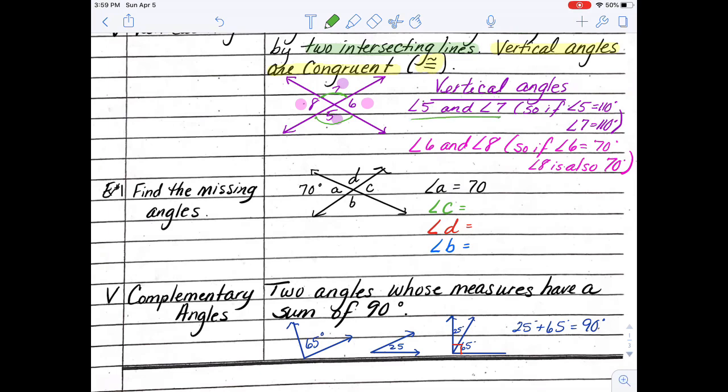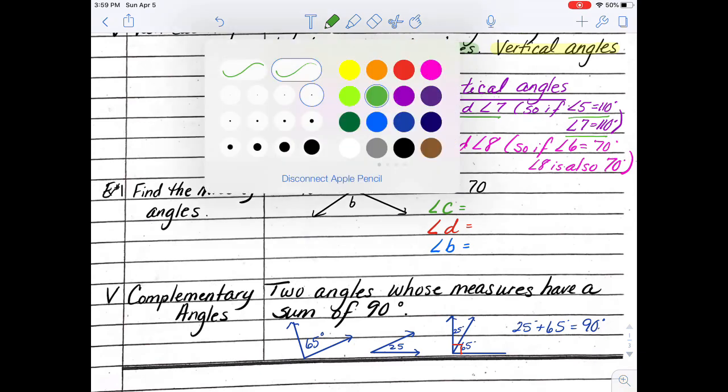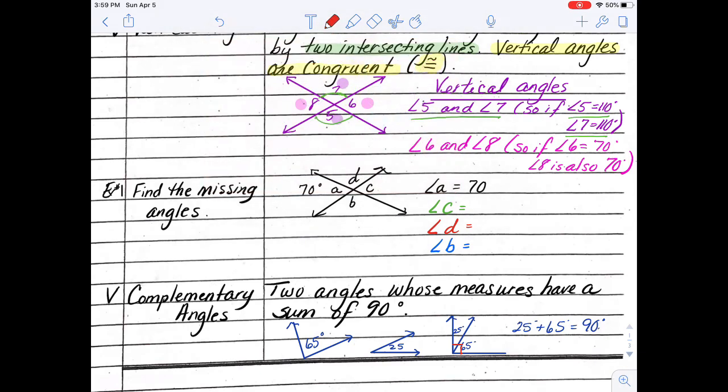So just an example, if angle 5 was 110 degrees, that means I automatically know angle 7 would also be 110 degrees. And then, of course, I've got over here angle 8 and angle 6 are vertical angles. And since they're vertical, that means that they would also be equal. So if 6 and 8 are vertical, if I knew that 6 was 70 degrees, that means 8 would also have to be 70 degrees.